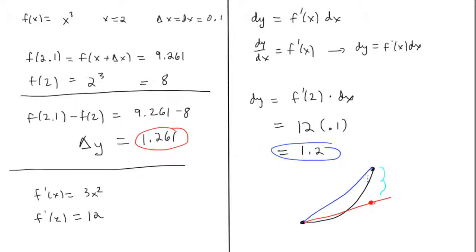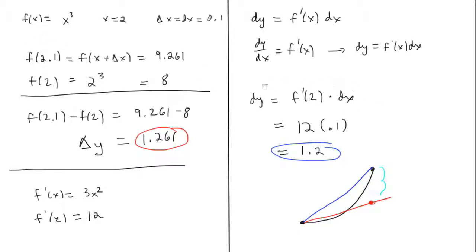So what that means is that if we're interested in a function and we want to do numerical computations, so like in this case, what is f of 2.1, we can approximate it without having to actually crunch this with a calculator.